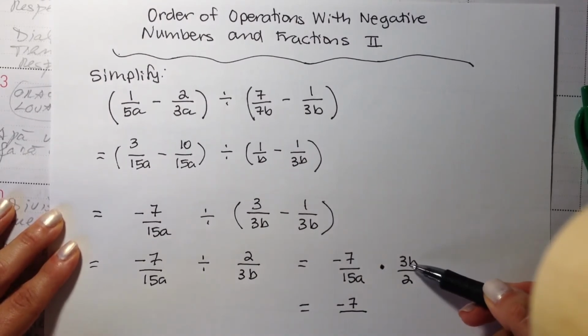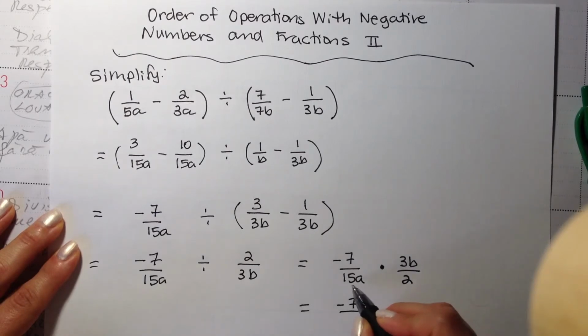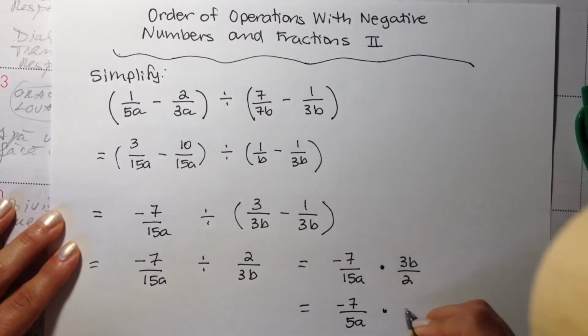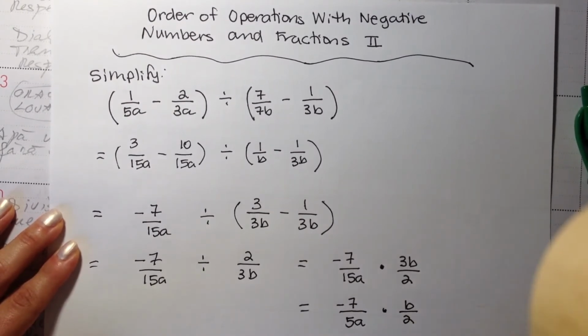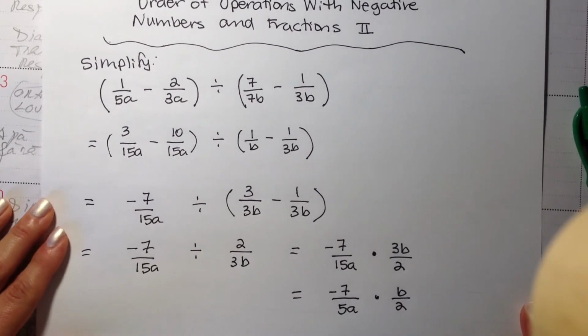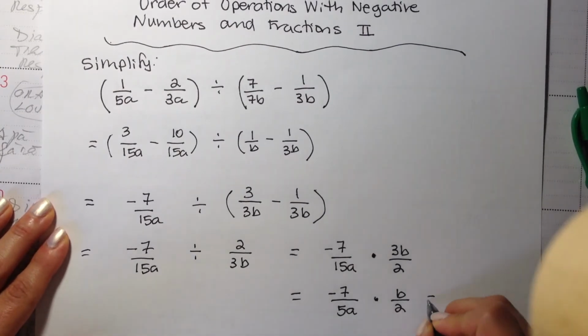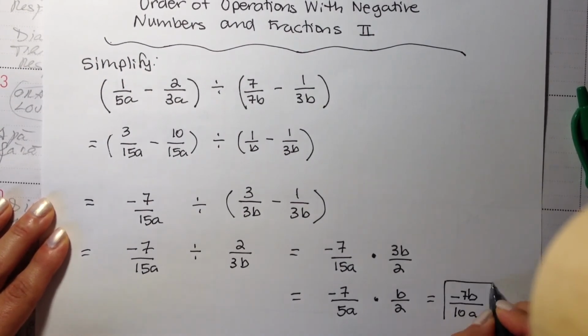So 3 goes into itself once. 3 goes into 15 5 times, so we have 5a after we reduce, times 1b, or we could just write b. And now we just multiply numerator times numerator and denominator times denominator. And if we do that, we get negative 7b over 10a. And that would be our final answer.